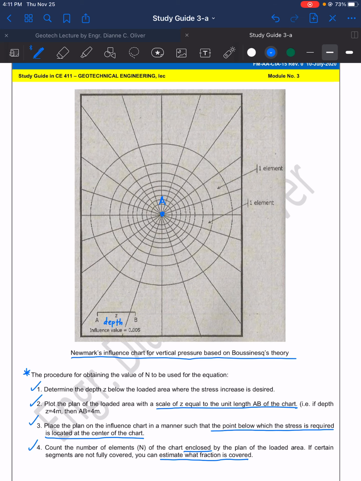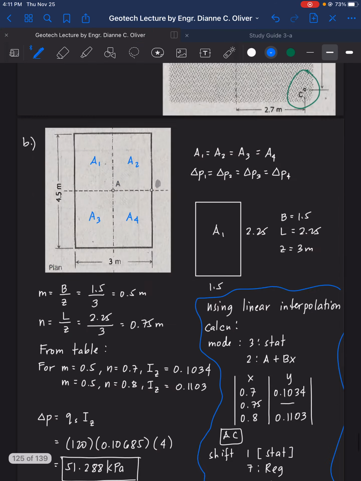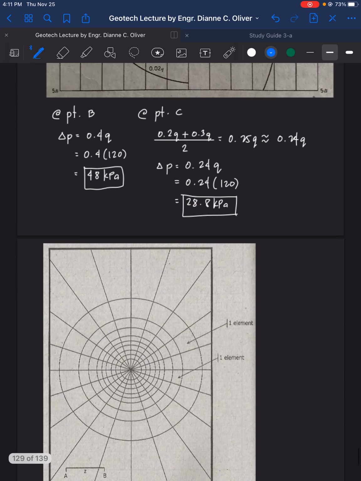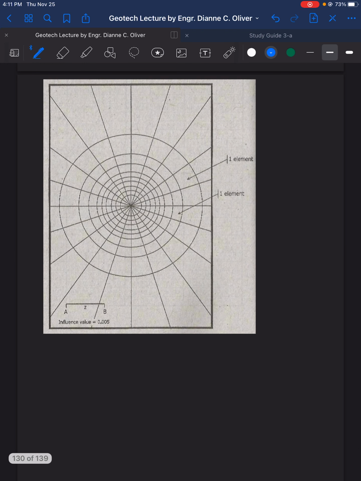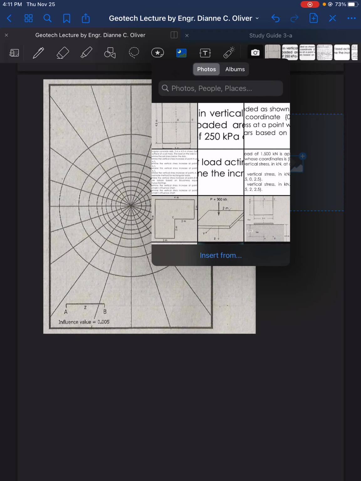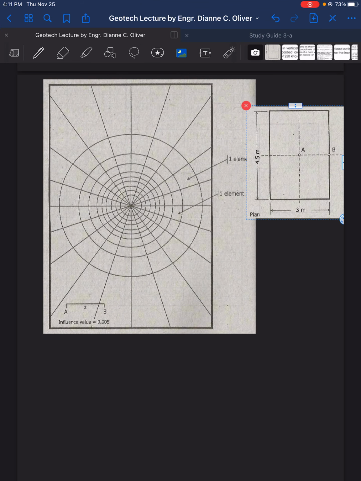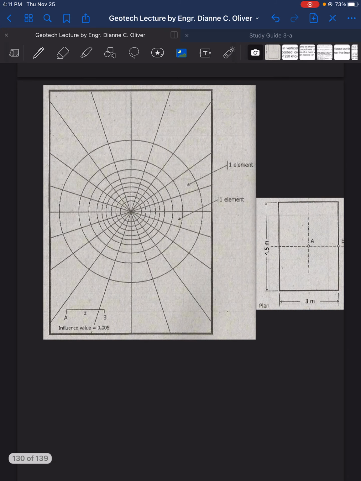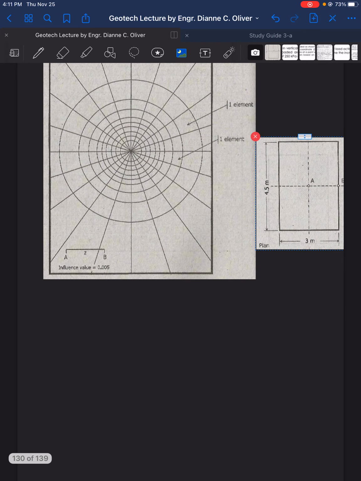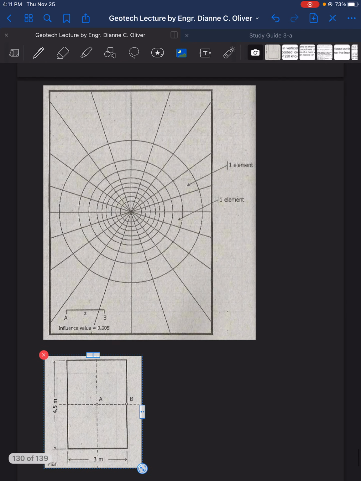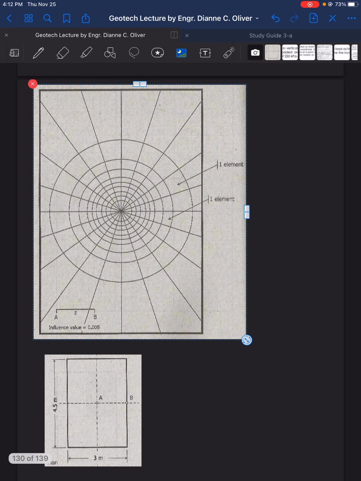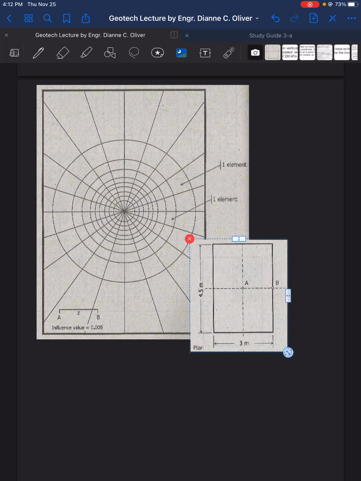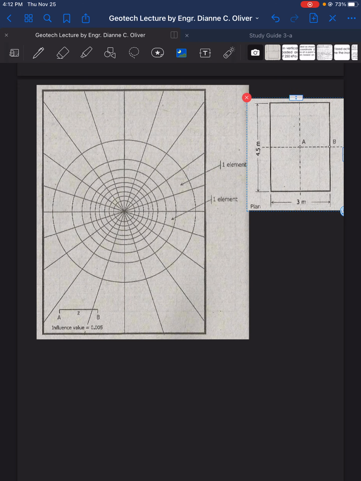Okay. So let's go back here. So here is the Newmark's influence chart. Okay, so this is the plan a while ago. This is just to use as a reference.